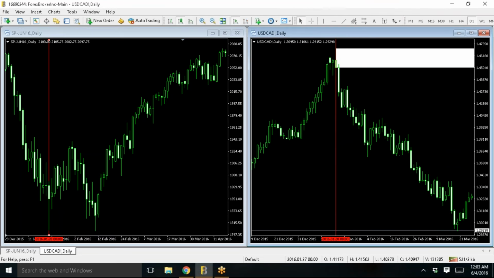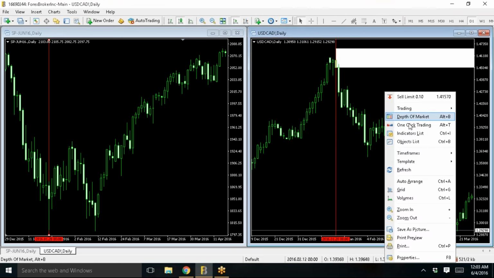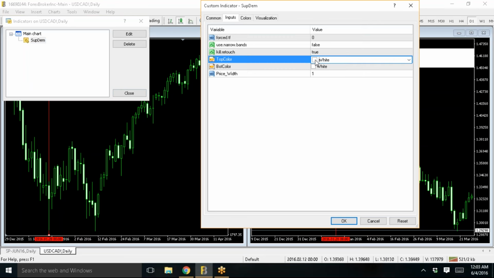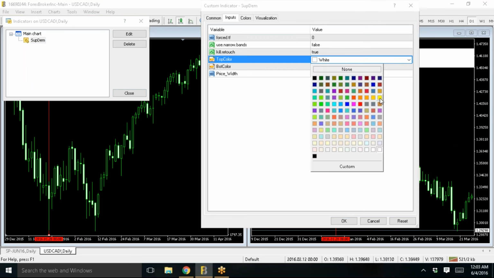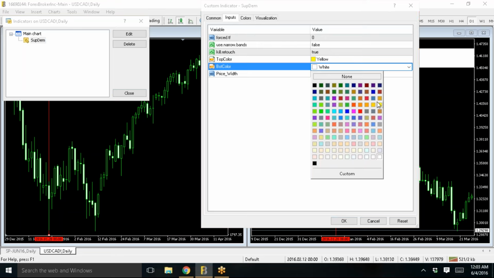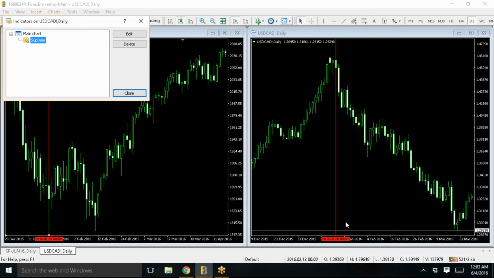Like Clay said, let me change the color of that. As he explained, that is clearly coming off of a zone, and this is what price action can enable you to do. You need to understand reversal patterns.